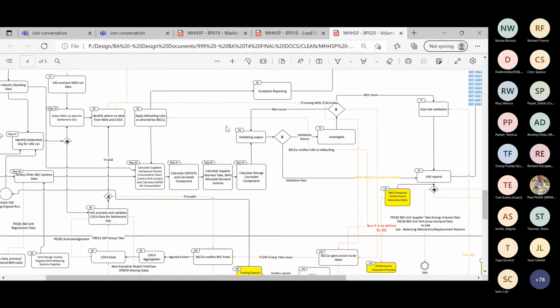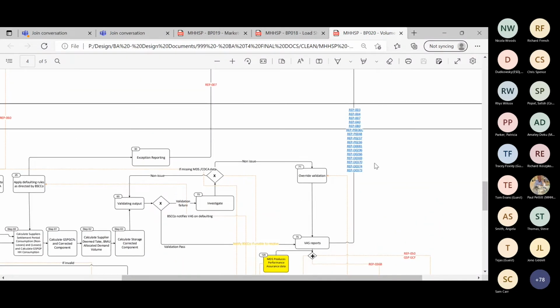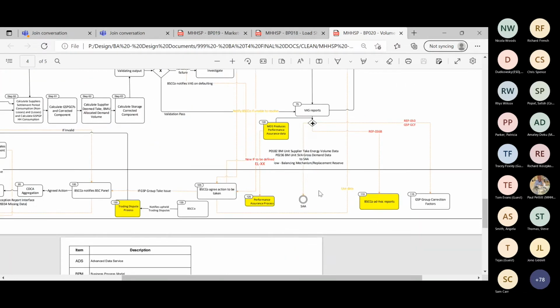Likewise, all the outputs are validated before they go on to be published. However, once any investigation has been undertaken and the validation has passed, then the volume allocation service will publish a number of reports which we've listed here, but I will come on to those later on.